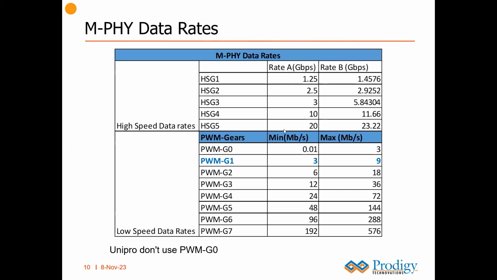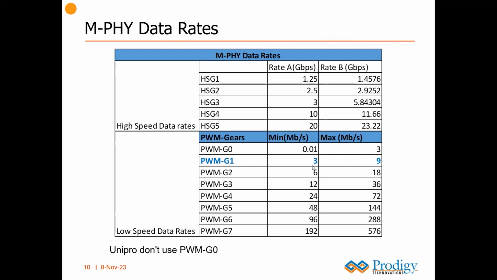All the way up to gear 5, the rate A is 20 gigabits per second and rate B is 23.32 gigabits per second. The PWM gear goes from gear 0 to gear 7, but in the case of UFS, PWM gear 1 is used, which can vary from 3 megabits per second to a maximum of 9 megabits per second.